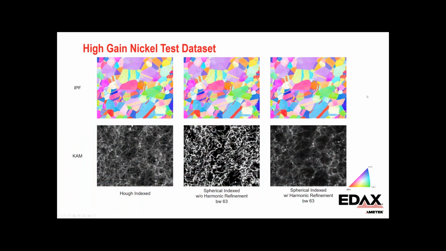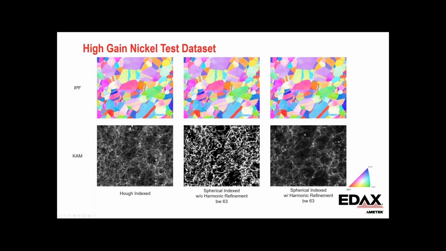And the other thing I wanted to show is that even if you have good results with Hough indexing, there's better precision with the spherical indexing. So on the left is Hough. In the center is just the first half of the spherical indexing, no refinement, just giving you that blocky grid, the individual grid point discretized orientations.